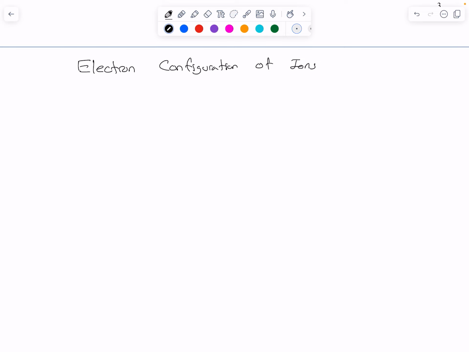Right? And we know that the main group, so what's that? That's groups 1, 2, 13 to 18, right? They tend to be isoelectronic with the noble gases.